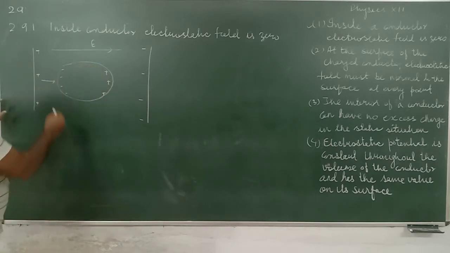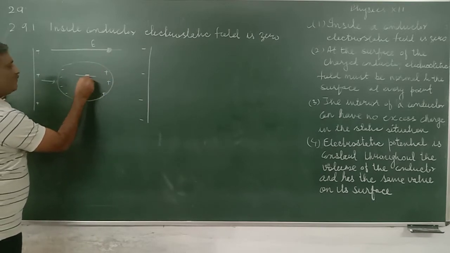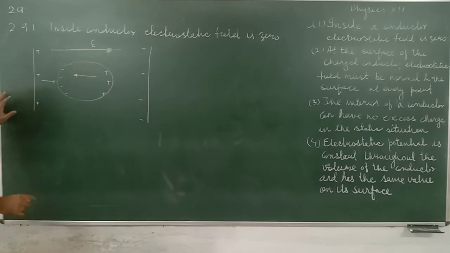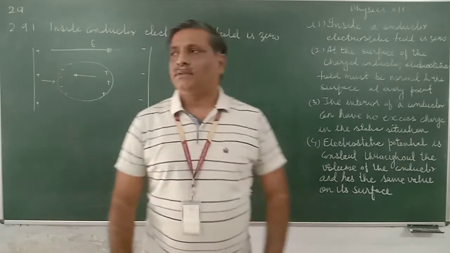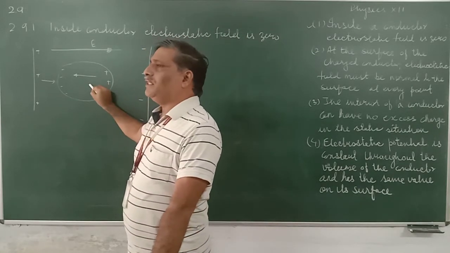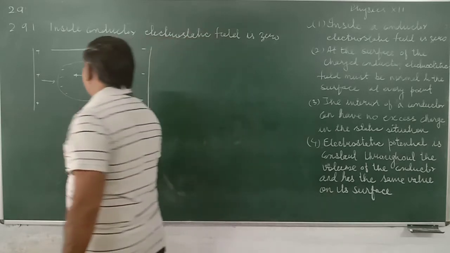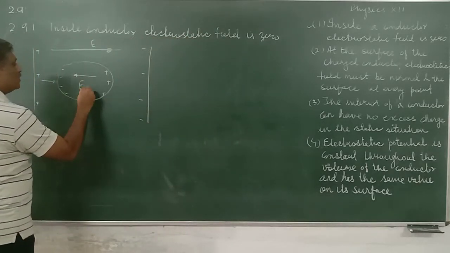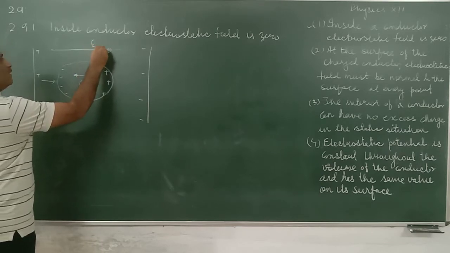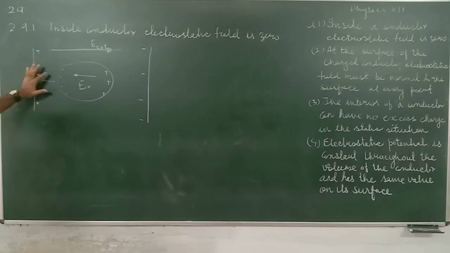Now the external electric field is from here to here, but this induced field is from here to here. This process of drifting goes on until this E becomes equal to the external E. Both of them are opposite to each other. This one we can call E induced, and this is E external. All these electrons drift towards this side, and thereby there is a field.